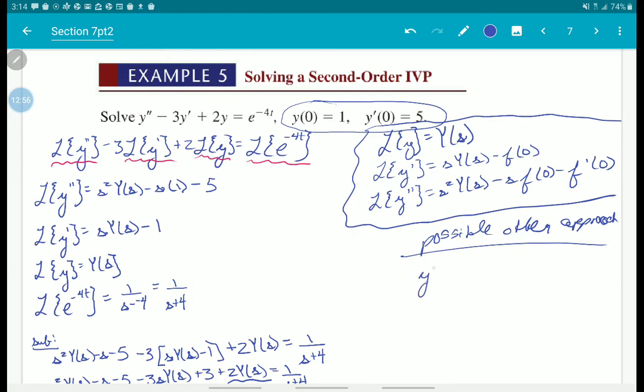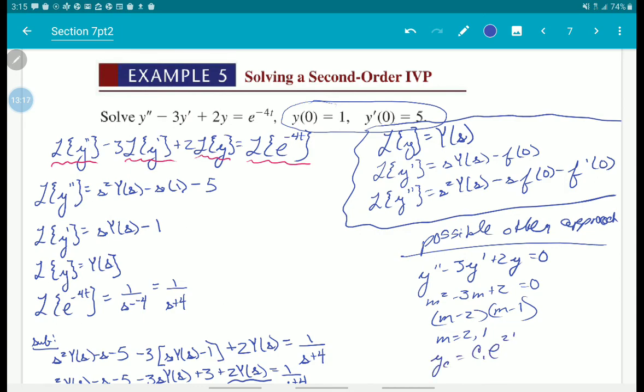We could solve this by creating that auxiliary equation. So then the complementary would be C1 e to the 2t plus C2 e to the t.